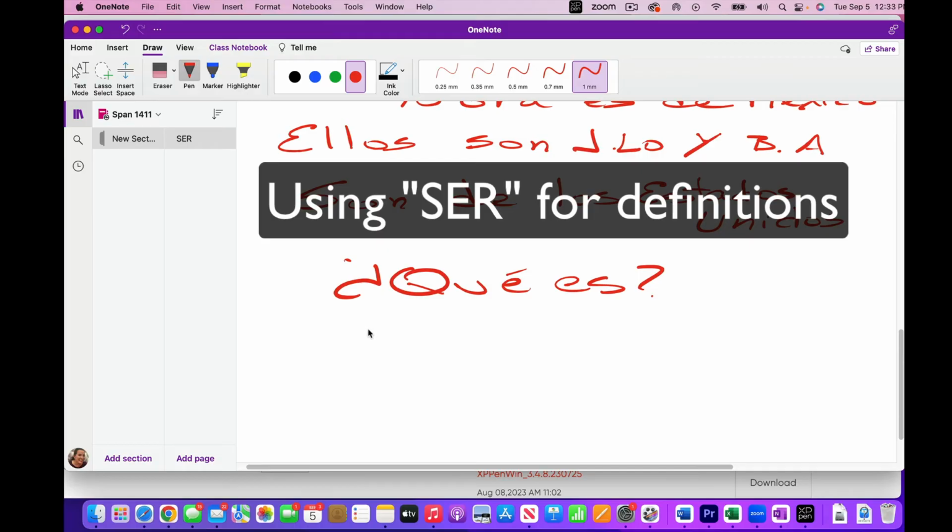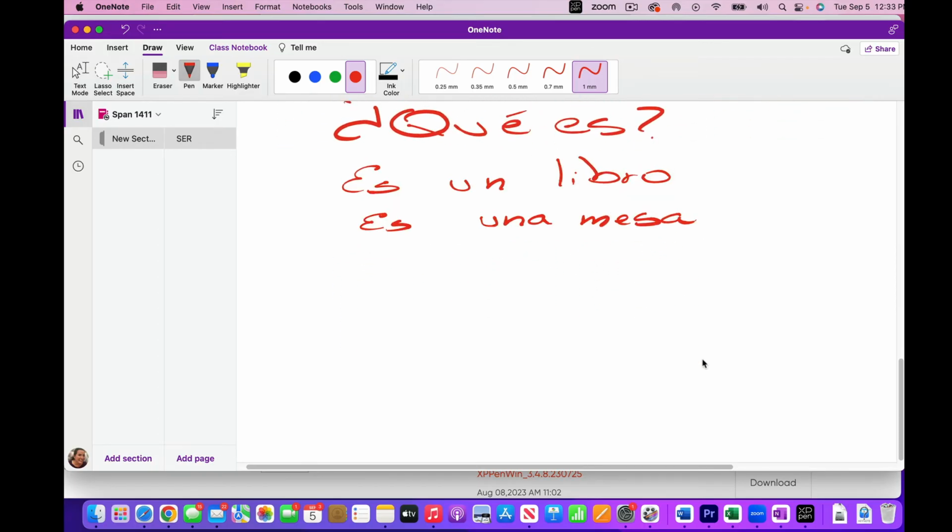So in that case, all you need to do, because the book is el libro, that's a third person, so I would just need to say, es un libro. I'm pointing at another thing. Maybe this time I'm pointing at a table. ¿Qué es? Es una mesa. All right? So that's an example of a definition.